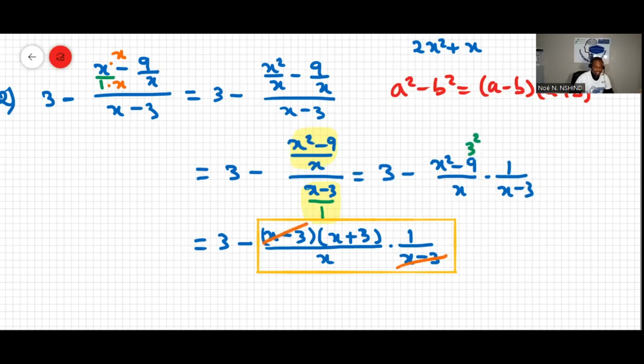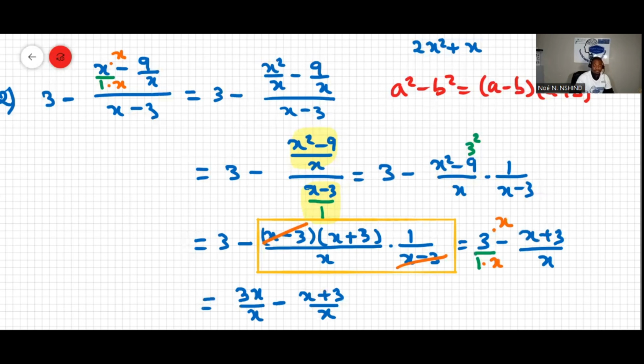And this will be equal to 3 minus x plus 3 over x. And then the denominator here was 1, so we multiply here by x, and we multiply there by x. That will make 3x over x minus x plus 3 over x.